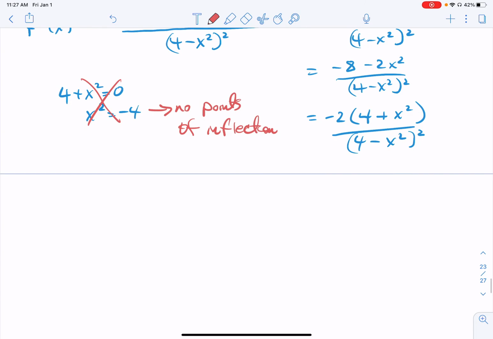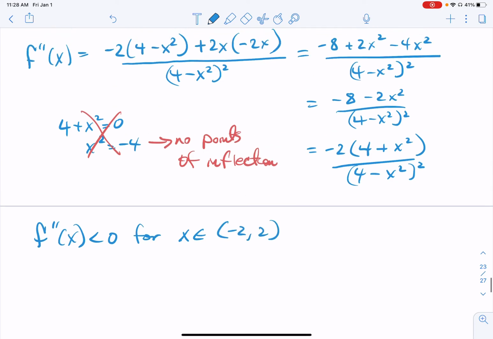Okay. This also means it only has one kind of concavity. It's either concave up or concave down. Which one is it? We'll take a look at the function that's right here. This is a positive number. This is positive, and we're multiplying it times negative 2. So no matter what, f double prime of x is going to be less than 0 for x in negative 2 to 2.